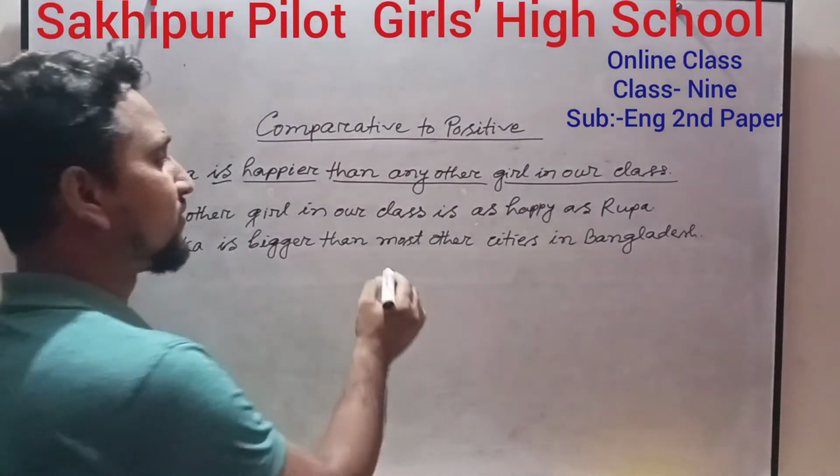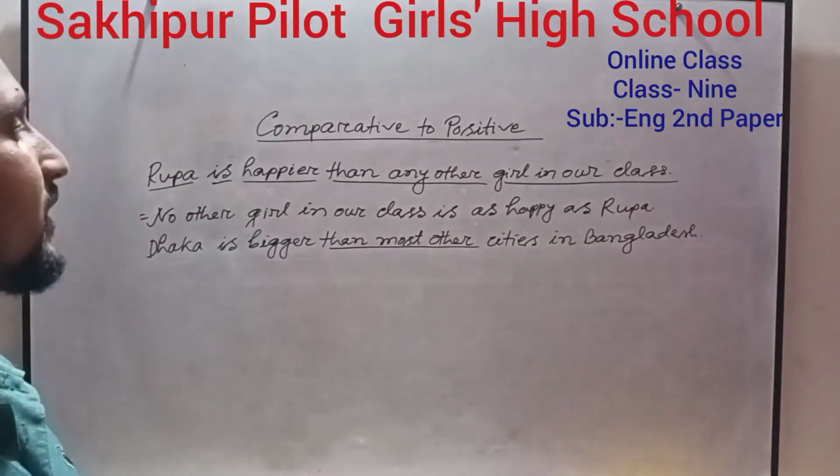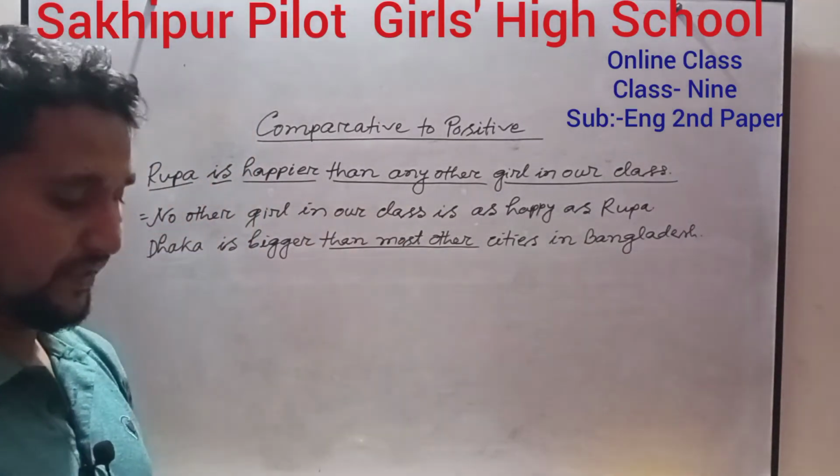What is the difference between the two examples? Here the feature is "than most other", but before it was "than any other".